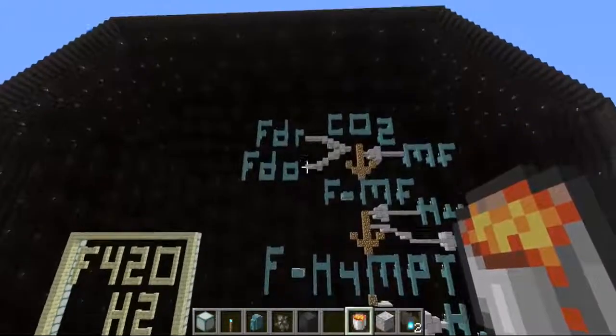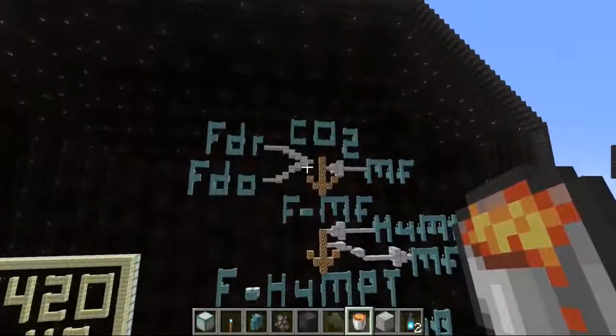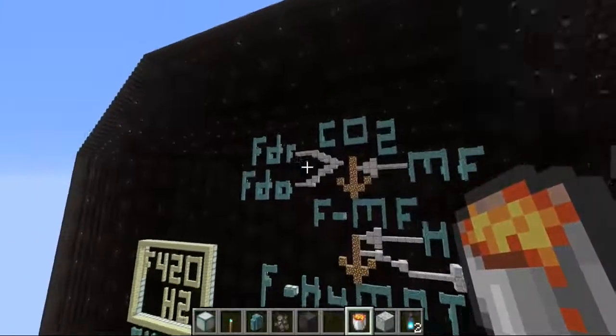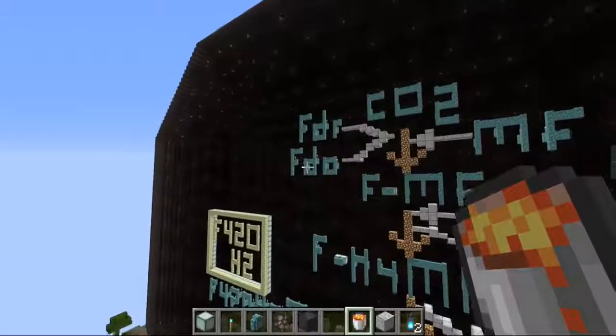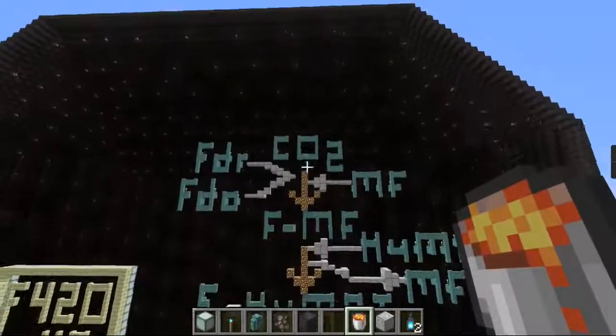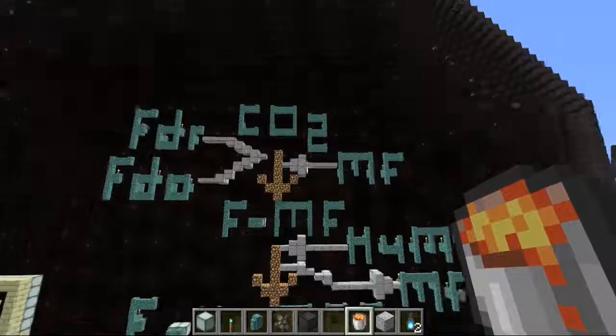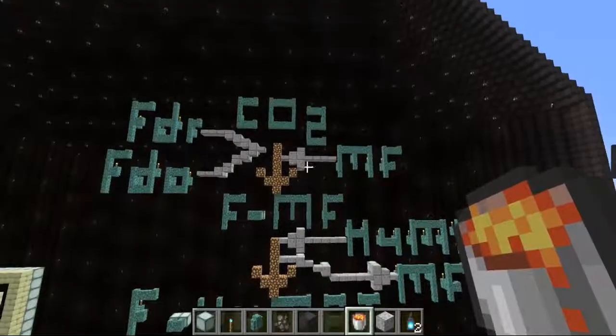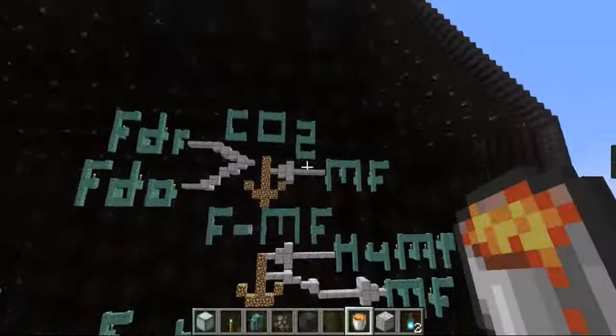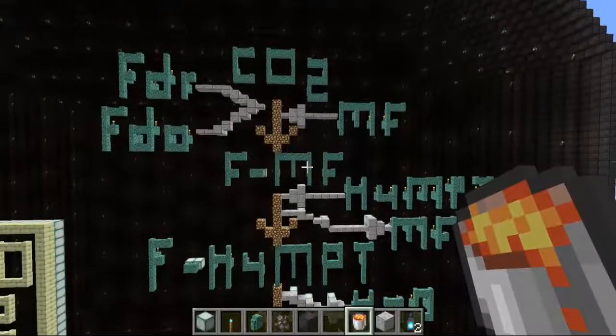So up here, the reduced ferredoxin comes in, reduces carbon dioxide, and forms oxidized ferredoxin. And in the same step, the CO2 is ligated to methanofuran. And after both of these occur, we're left with Formyl-methanofuran.